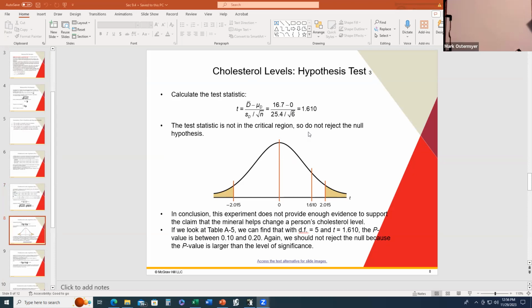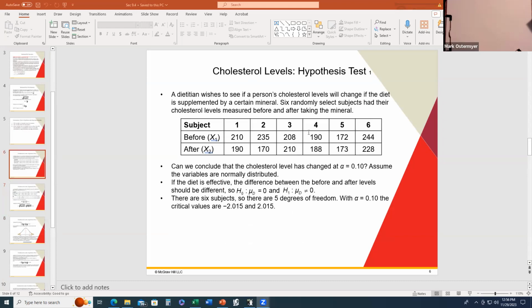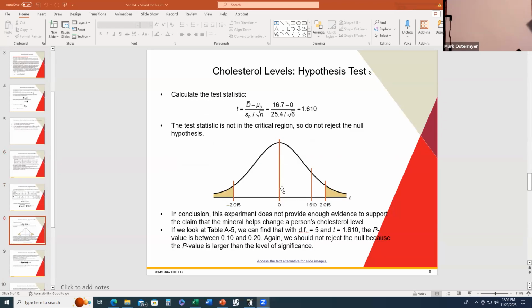Therefore, that's why it's 0. Because under the null hypothesis, mu sub d was equal to 0. See that? Where does 1.610 fall in relation to our reject, do not reject regions? Well, we can clearly see that 1.610 is less than 2.015, our upper critical t value. Therefore, it's tucked inside the do not reject region. And so therefore, ladies and gentlemen, we failed to reject the null hypothesis at 10%.